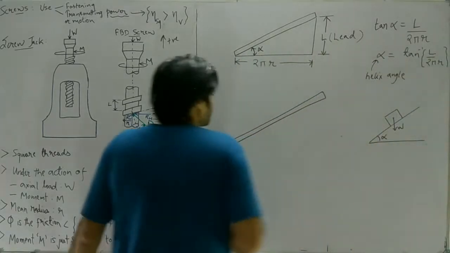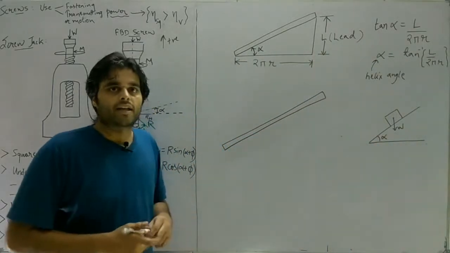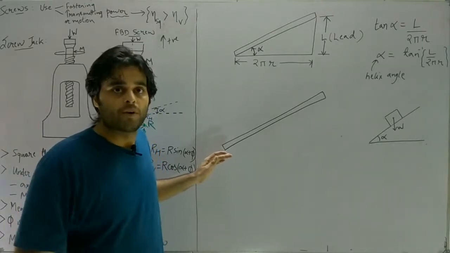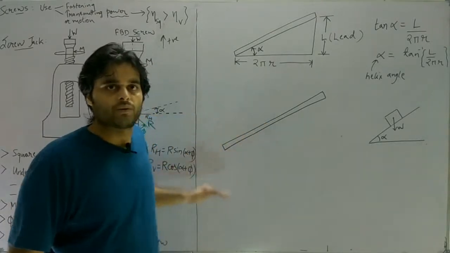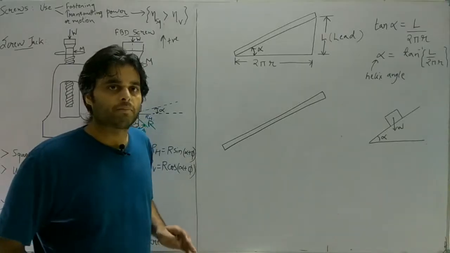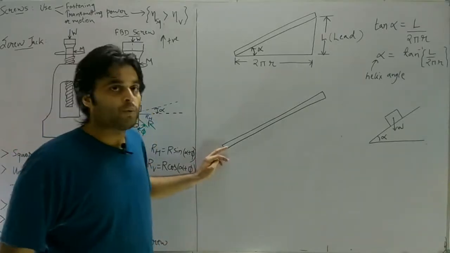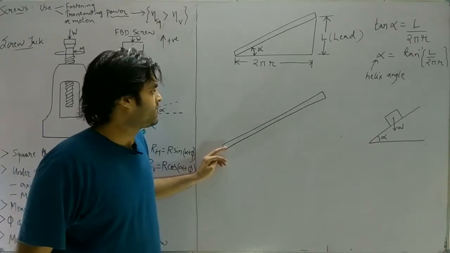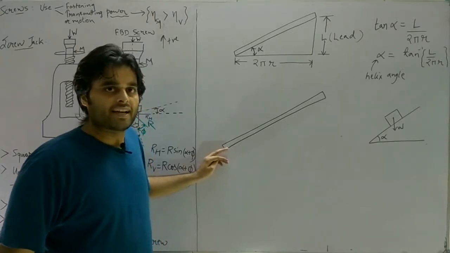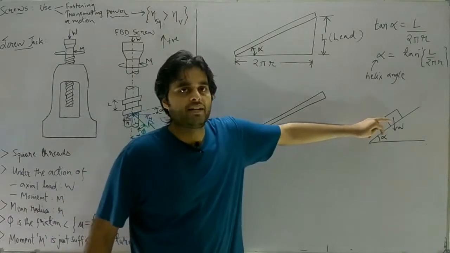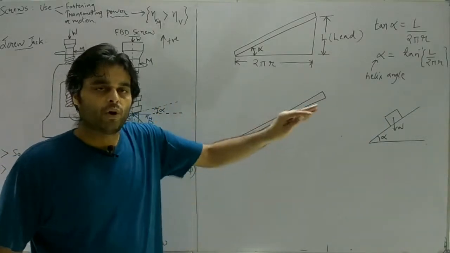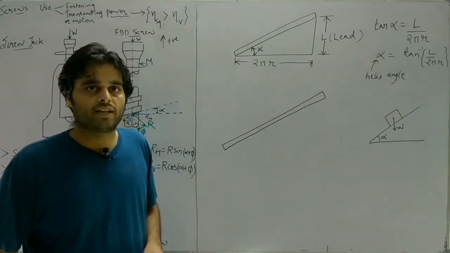Similarly, this thread can slide on the thread of the frame of the screw jack up and down. So we have developed a model in which the portion of the thread of the screw which is in contact with the frame of the screw jack is acting like a weight on an inclined plane, going either up or down on that inclined plane.